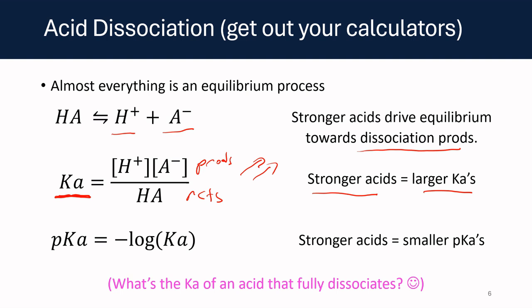Okay, the pKa of a functional group is equivalent to the negative log of its dissociation constant. So the stronger an acid is, the smaller its pKa will be. Okay, make sure you don't mix that up. It's really easy to do that.